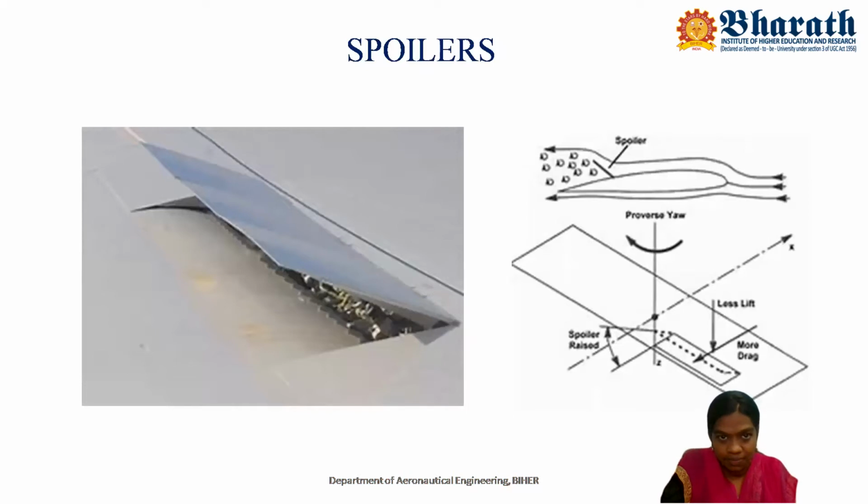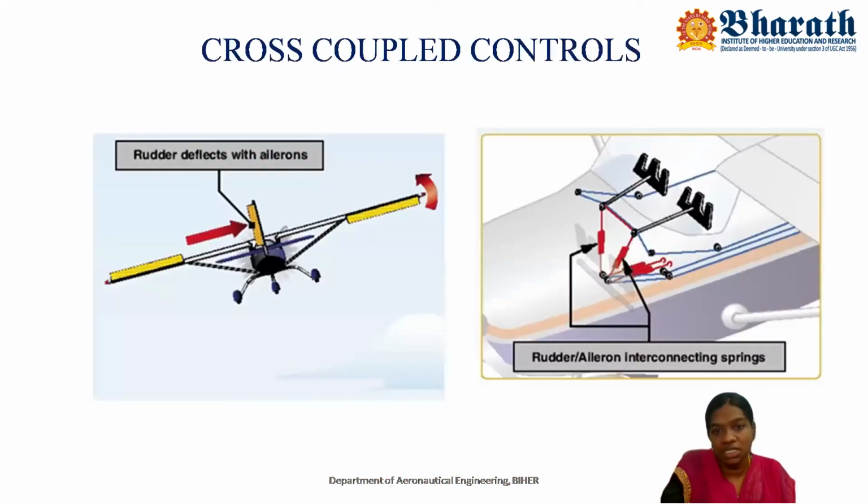Got it? Yes. And finally, the cross-coupled controls. In the current decades, there are fully automated aircraft. So both the aileron and the rudder are cross-coupled. Can you see this diagram? Look into the right hand side sketch.